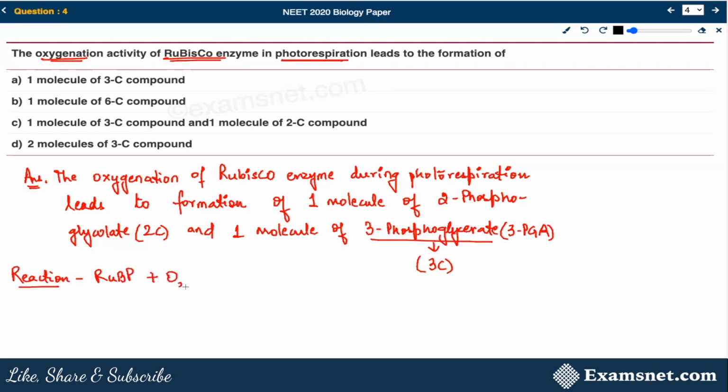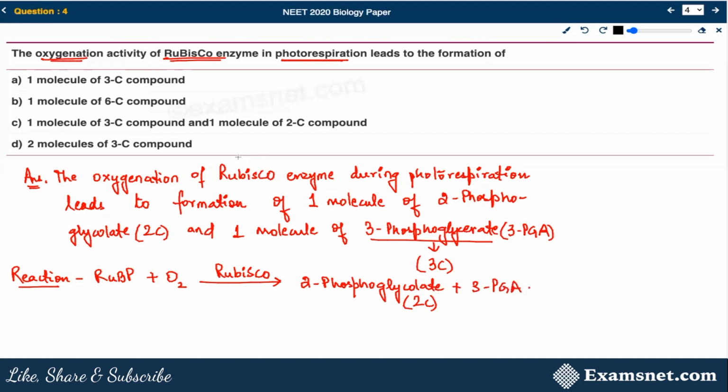RuBP is going to undergo the process of oxygenation in the presence of Rubisco, and it will form one molecule of 2-phosphoglycolate. This phosphoglycolate is a 2-carbon molecule, and it is going to enter a separate pathway called the glycolate pathway, and it is going to form one molecule of 3-PGA, which is 3-phosphoglycerate, like this.